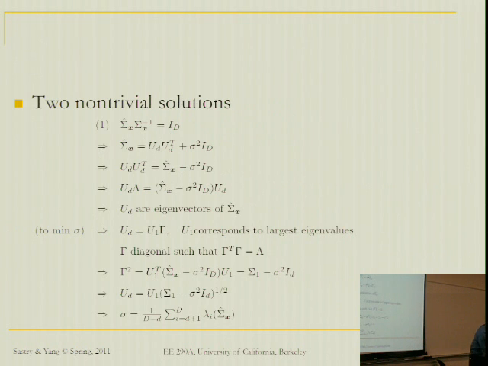So we go back to the solution here. You can see at the end, these are our solutions for UD, which is the basis vectors for the d-dimensional subspace, and this is the solution for sigma, for the noise. Okay?